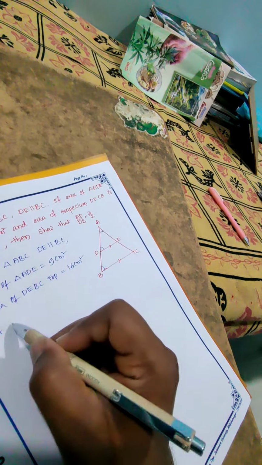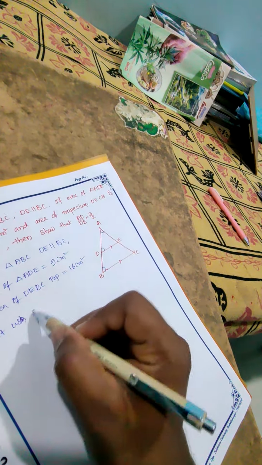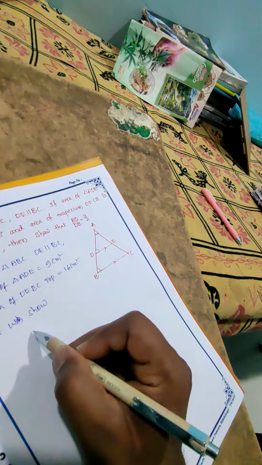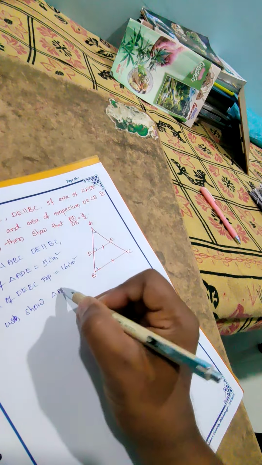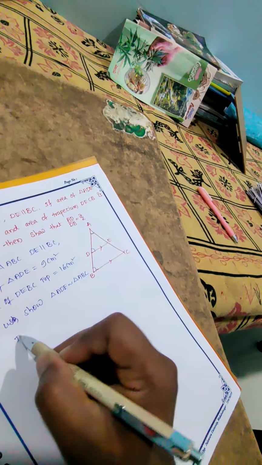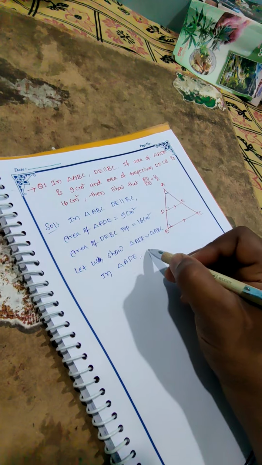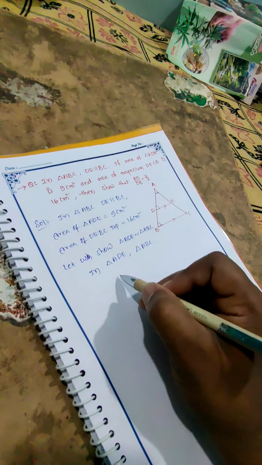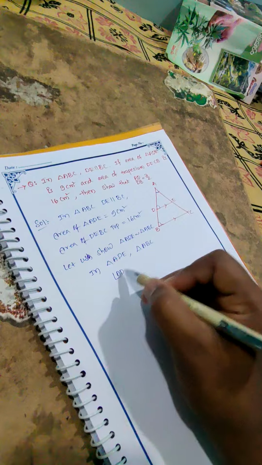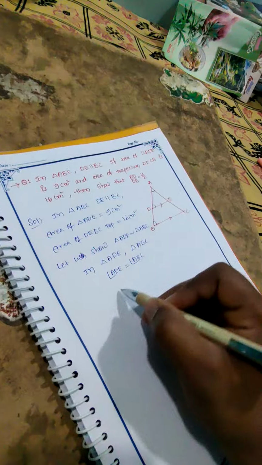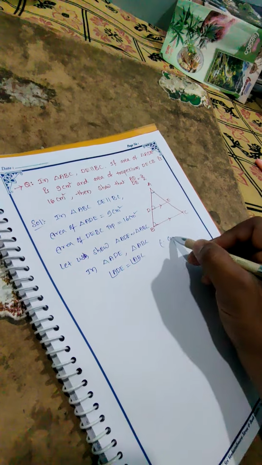So let us show triangle ADE is similar to triangle ABC. In triangle ADE and triangle ABC, angle ADE is equal to angle ABC, since they are corresponding angles.